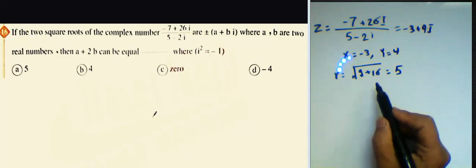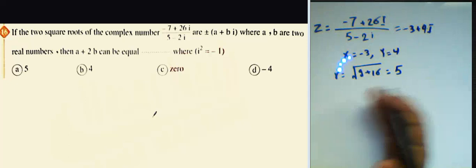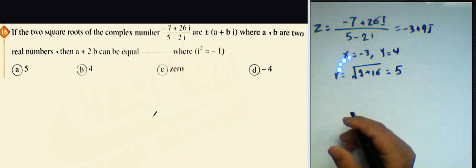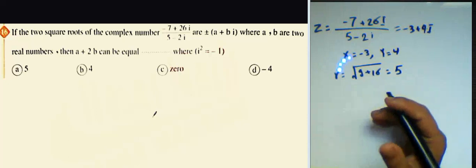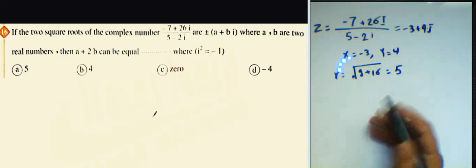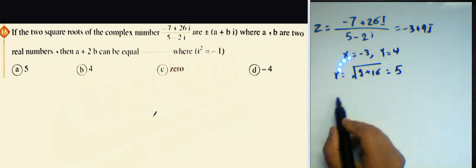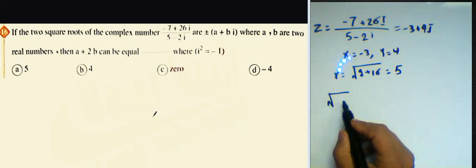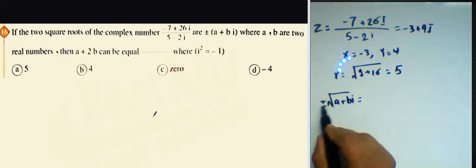Okay, and then we can write the two real numbers. We have a and b are real numbers, and he gives us the two square roots of the complex number. The two square roots will be what? We can find the result by using a rule. The square root of a plus bi will be positive or negative.